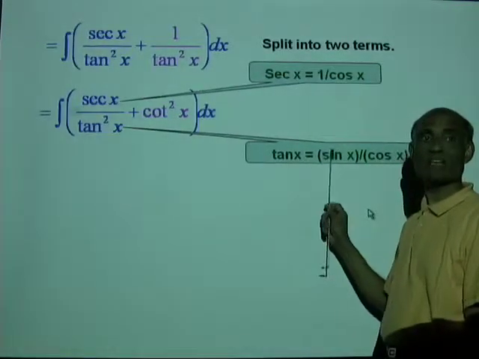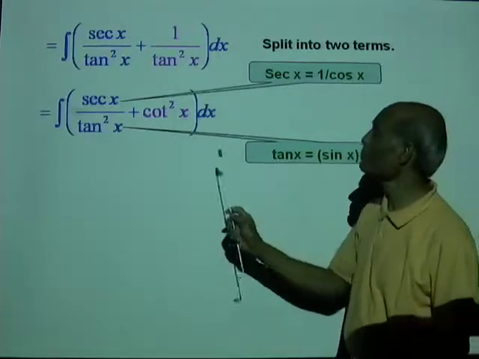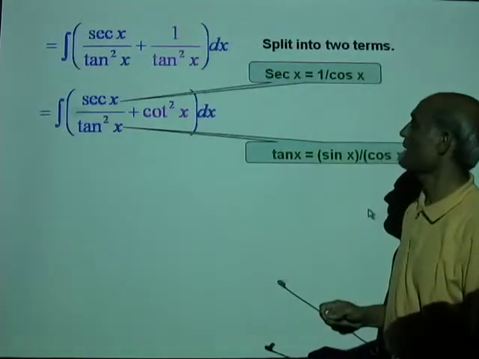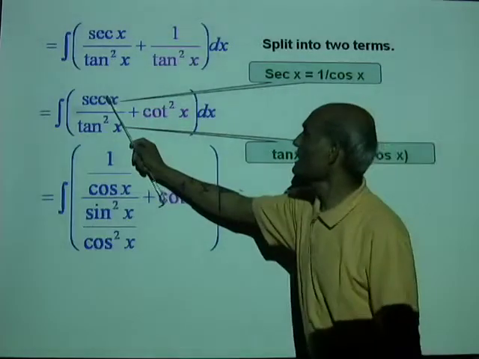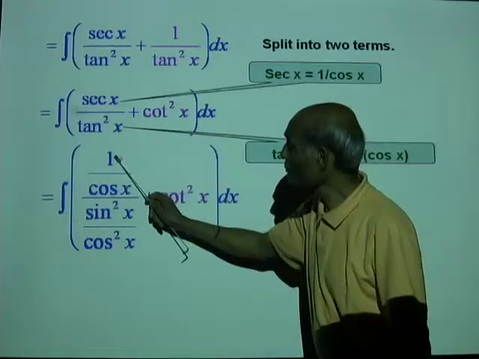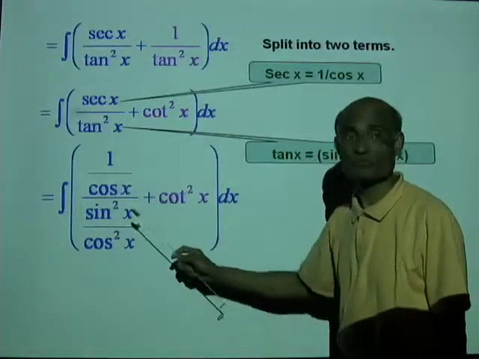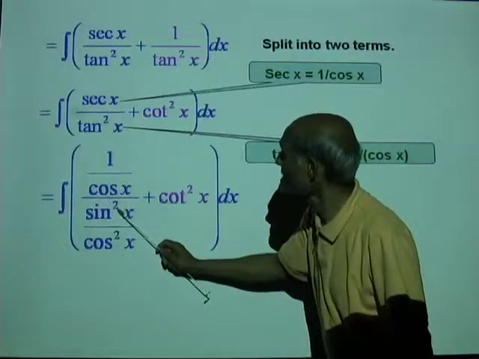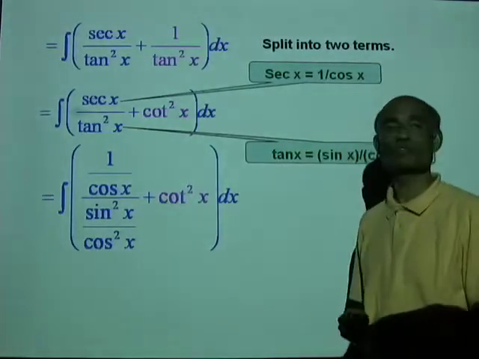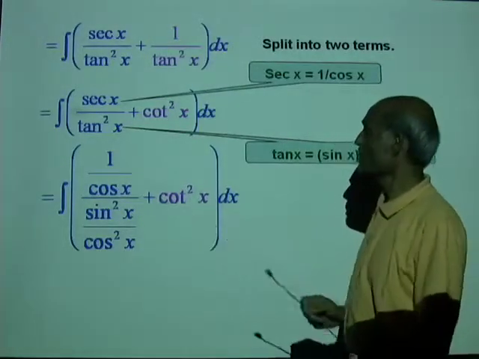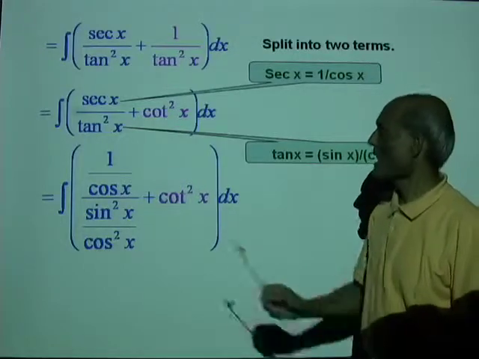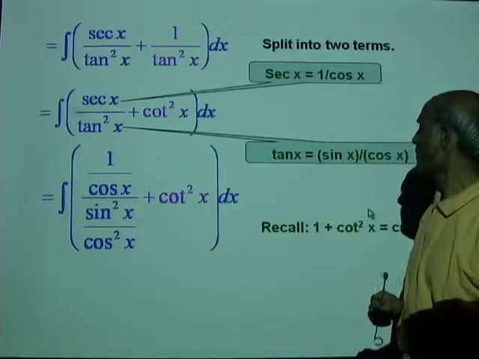So tan x is sin x over cos x. Let's try and replace that. So that will be secant x is 1 over cos x, and tan squared x is sin squared x over cos squared x plus cot squared x. And if you simplify that, what do you get?